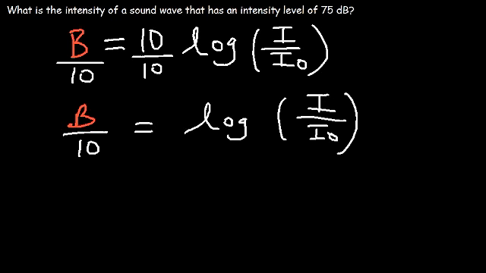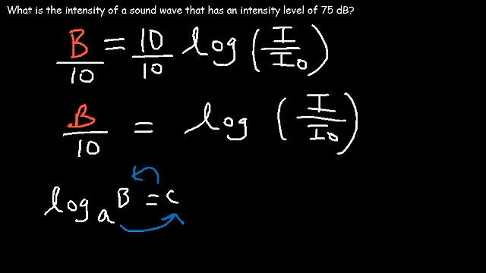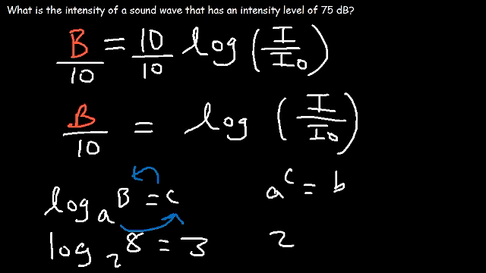Now let's review some things about logs. Let's say you have log base A of B equal to C. You can convert it to exponential form by using this equation: A raised to the C power is equal to B. For example, log base 2 of 8 is equal to 3, because 2 to the third power is equal to 8.